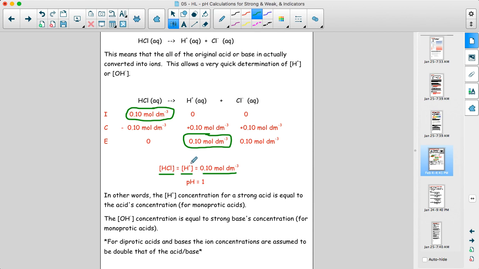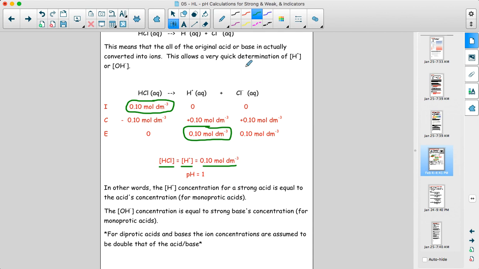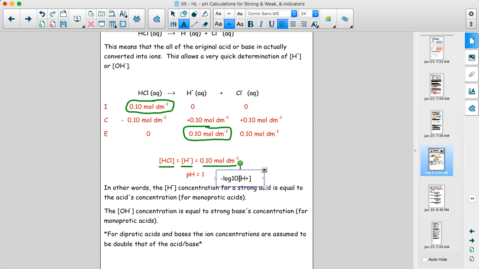And if we know that, we can calculate the pH, because pH is negative log base 10 of our hydrogen ion concentration, negative log base 10 of H plus. So you can also just see it: if this is 0.1, an easy number like for paper 1, you should be able to convert that into an exponential so that you can really quickly say, well, 10 to the minus 1, that means pH 1.